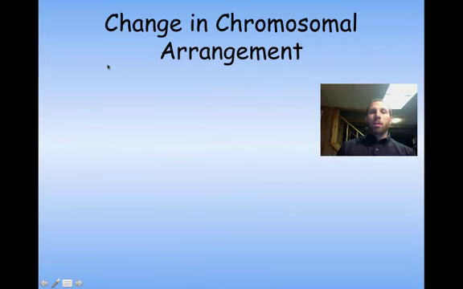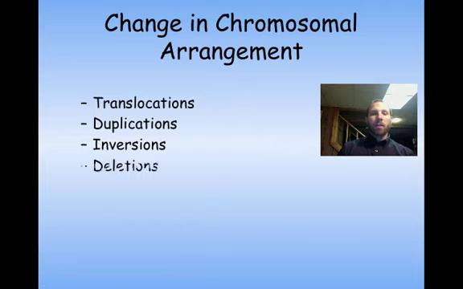The change in chromosomal arrangement: the translocations, duplications, inversions, and deletions. These are a little different than non-disjunction because they are not extra or missing entire chromosomes, entire DNA molecules, but entire sections of chromosomes that are either missing or misplaced or extra.